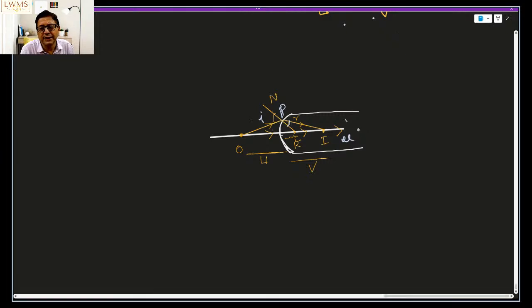Take the refractive index inside as mu2, outside is mu1.